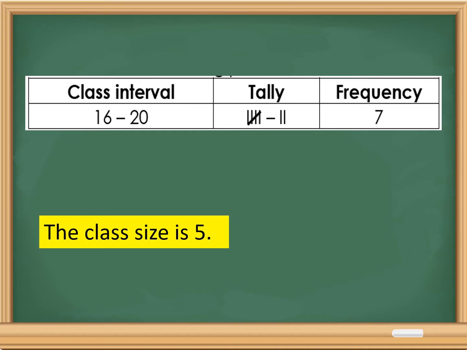In other words, the class size is the number of values in a class interval. The class interval also has the class mark, which is the middle value. So in our class interval 16 to 20, the middle value there is 18.